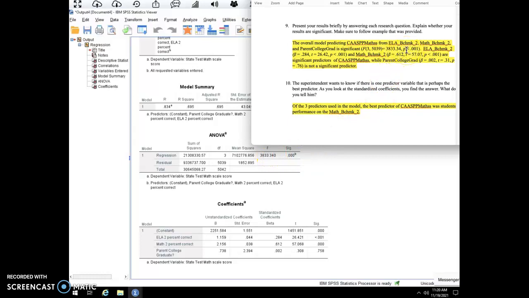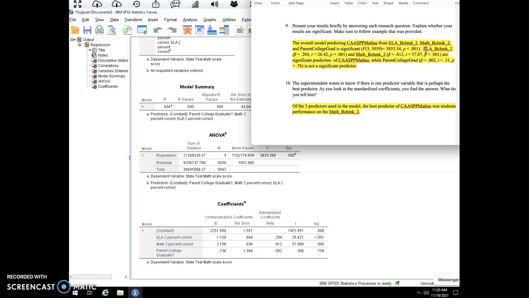Often the notation when SPSS says p-value is 0.000, it is written as p is less than 0.001. And there's a period after that. And so that ends our initial F-test results.